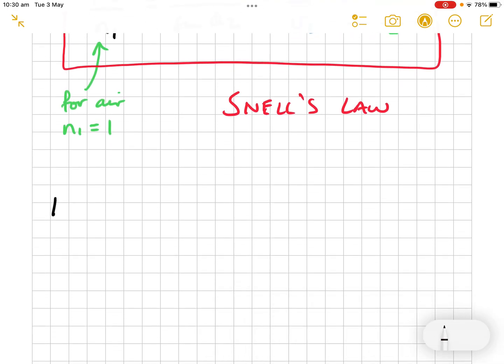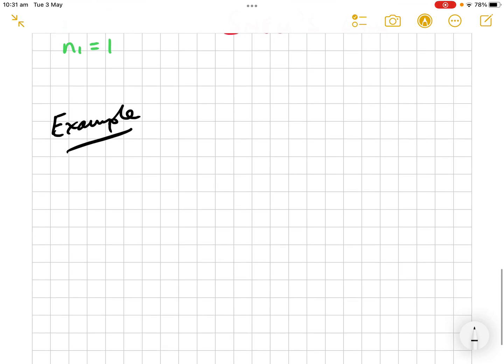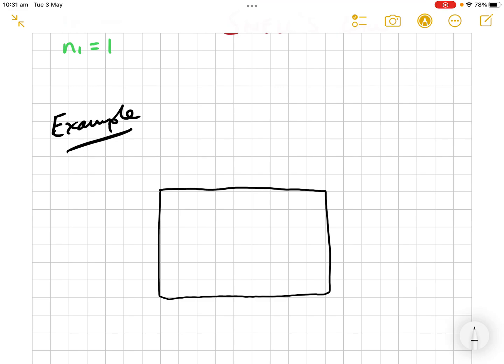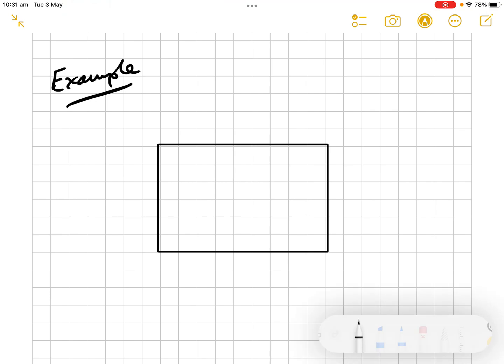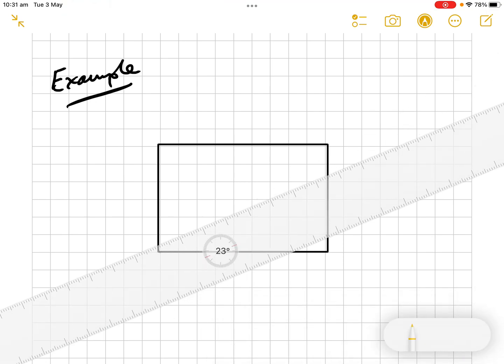Let's do an example. So let's imagine we have a block of glass like that. Put in our normal.